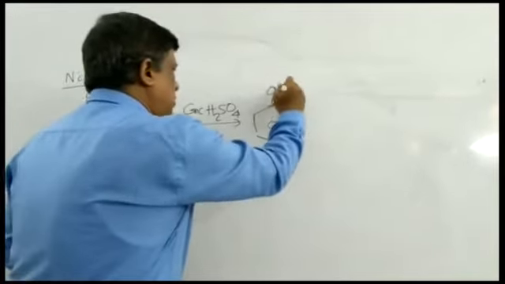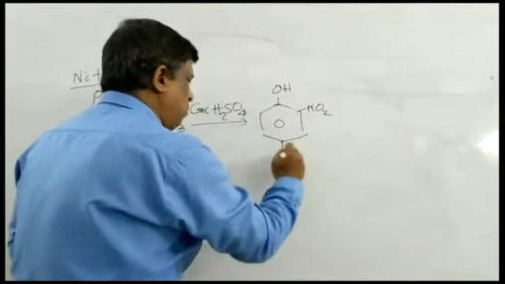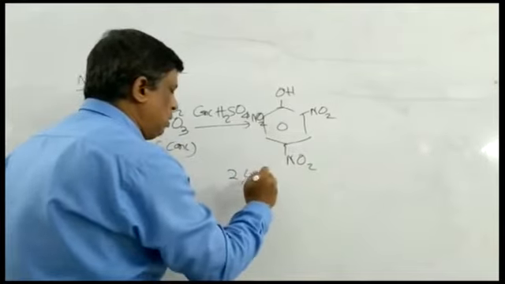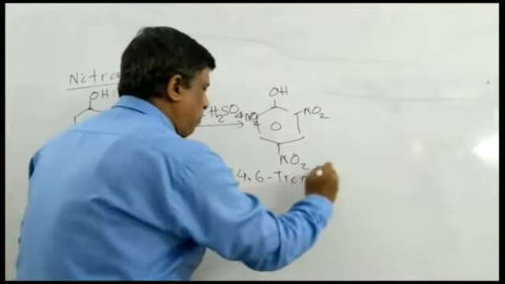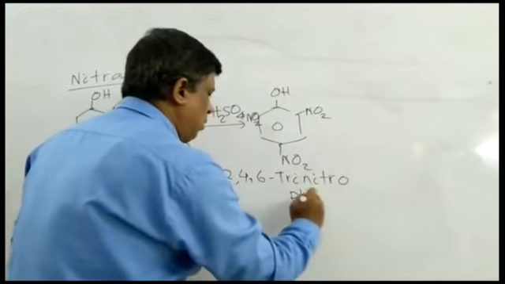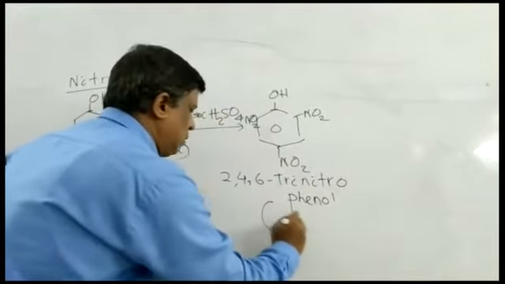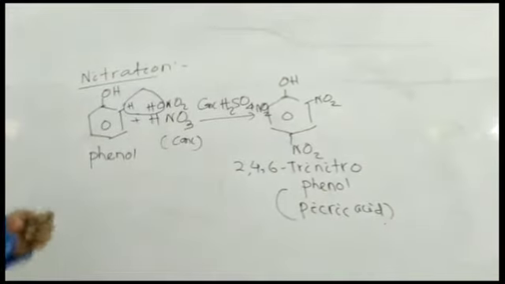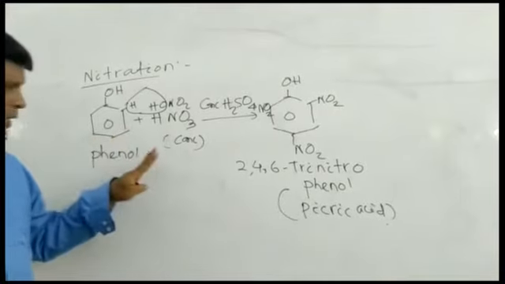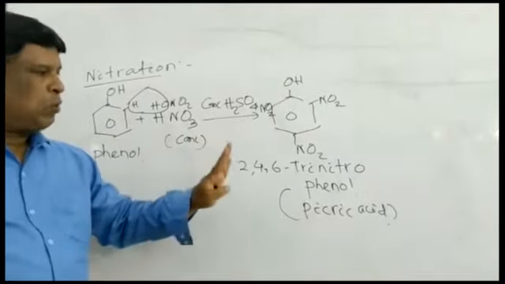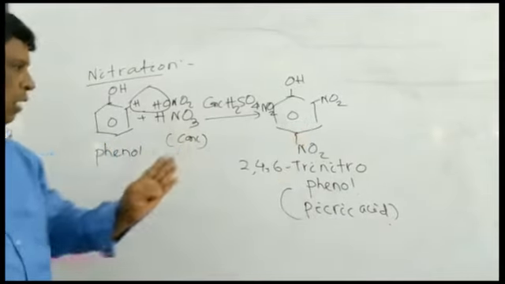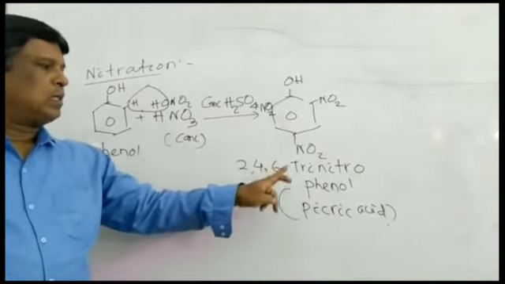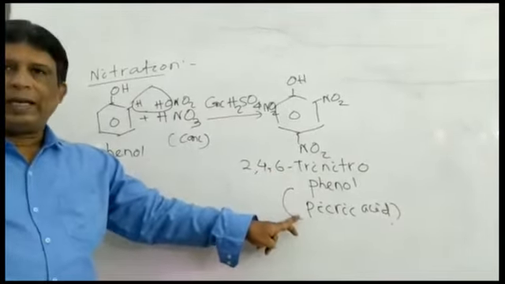We form 2,4,6-trinitrophenol, otherwise known as picric acid. So I recap again. When phenol is treated with dilute nitric acid, a mixture of o-nitrophenol and p-nitrophenol is formed, while when treated with concentrated nitric acid, 2,4,6-trinitrophenol or picric acid is formed.